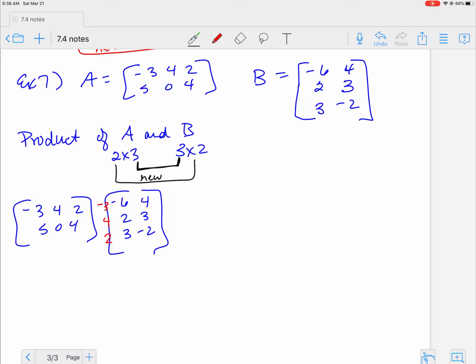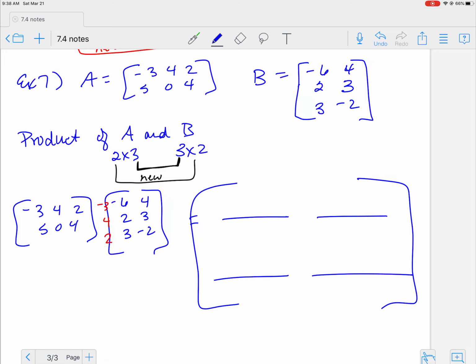So when you make your new matrix, 98% of success in mathematics is organization, right? I know that my new matrix is going to be a 2 by 2, so I'm going to set that up. And when I set that up, I know up here, this is my top left.